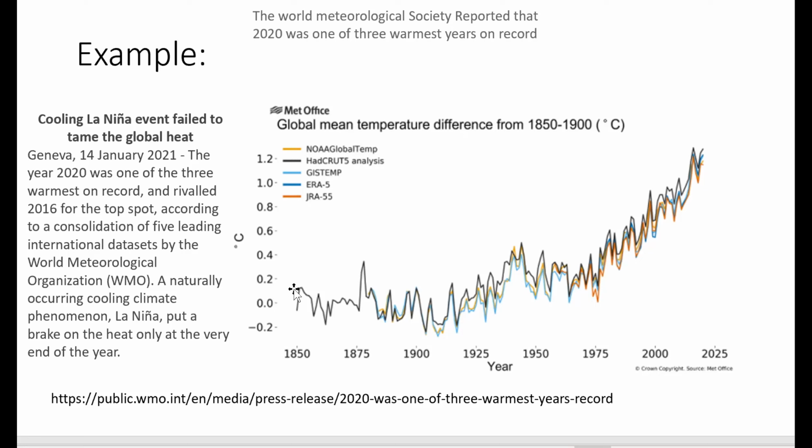So if the average temperature for the given year was below that average value, then they recorded it as a negative. But if it was above, then they recorded it as a positive change.